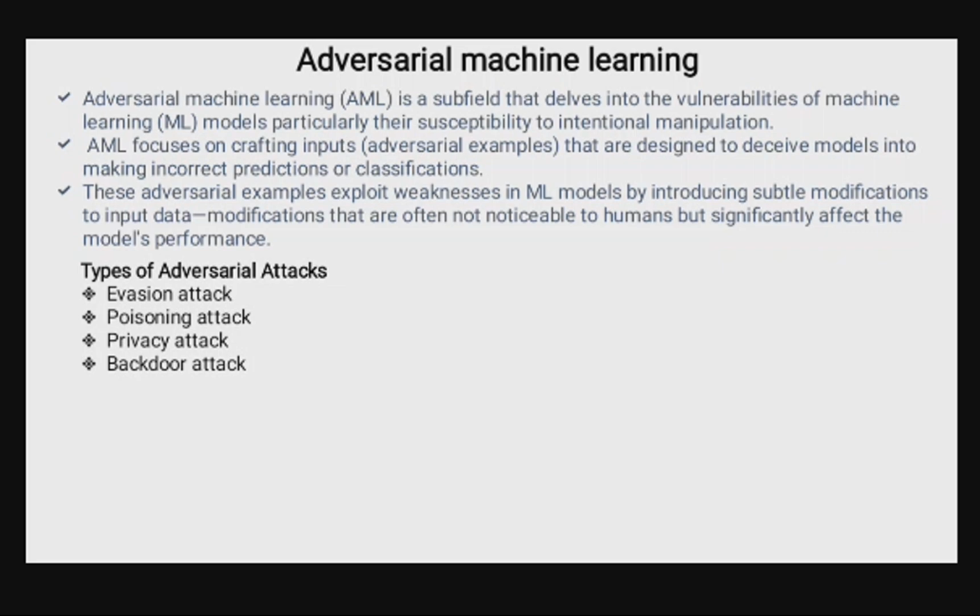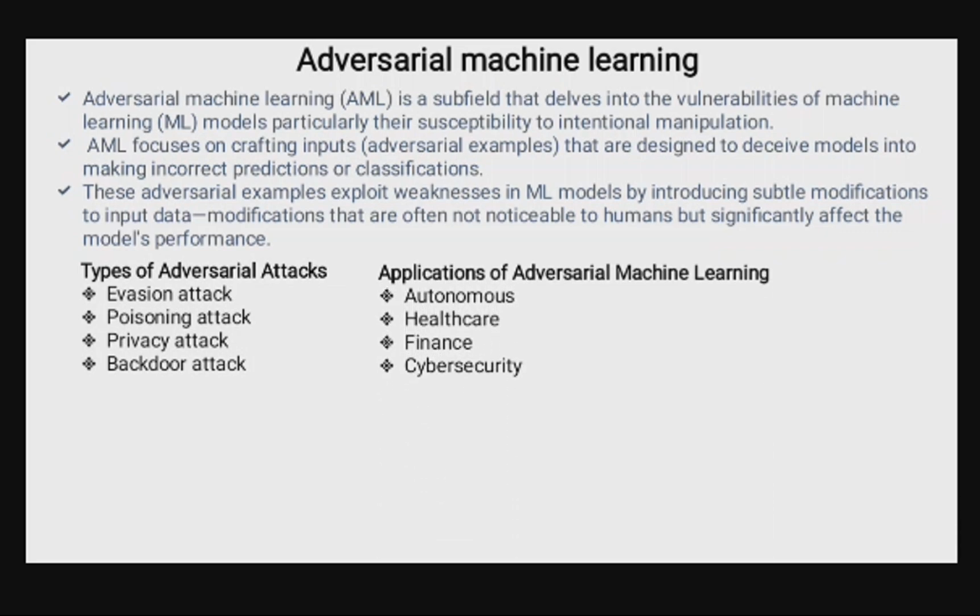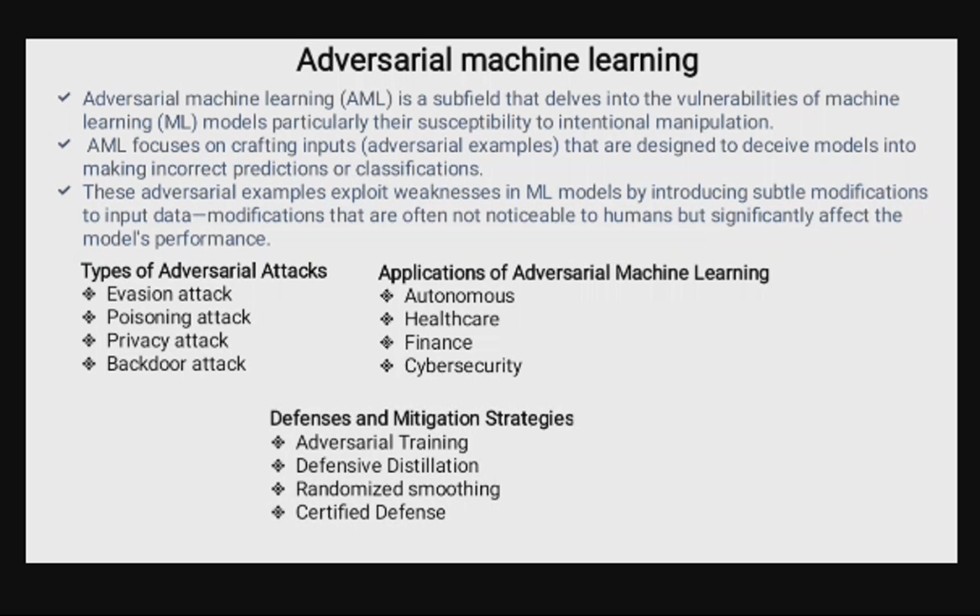Types of adversarial attacks could be evasion attack, poisoning attack, privacy attack, and backdoor attack. So it's applied in autonomous, healthcare, finance, and cybersecurity, because those are sensitive areas that one has to be sure about the model's performance, the model's working.